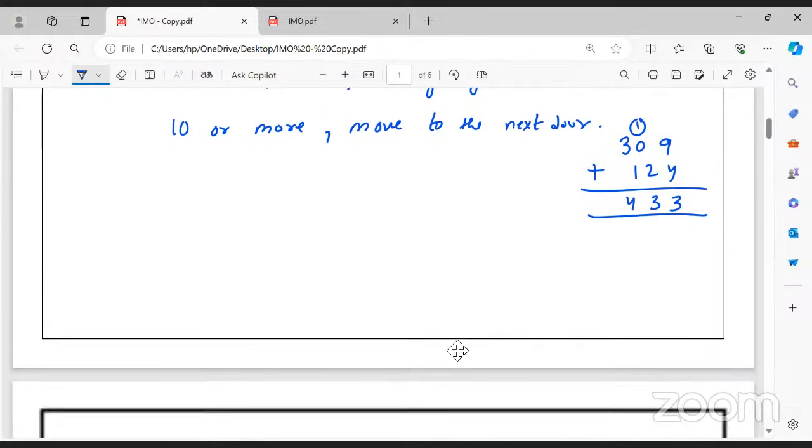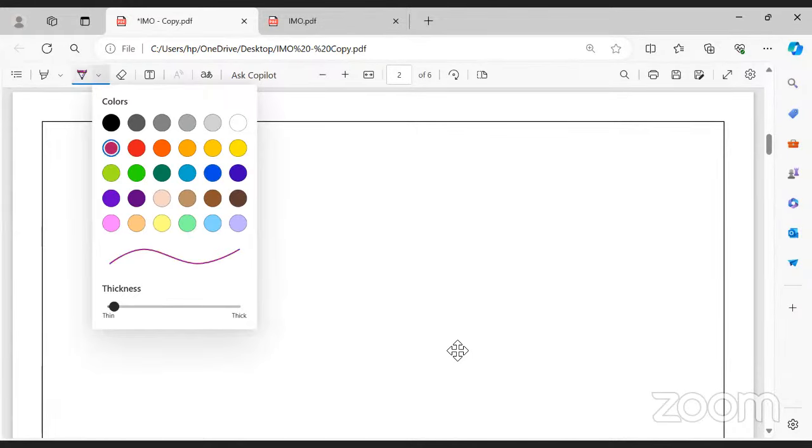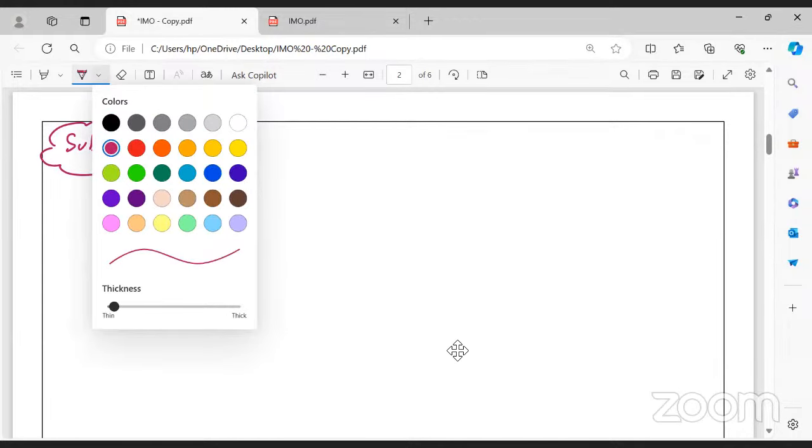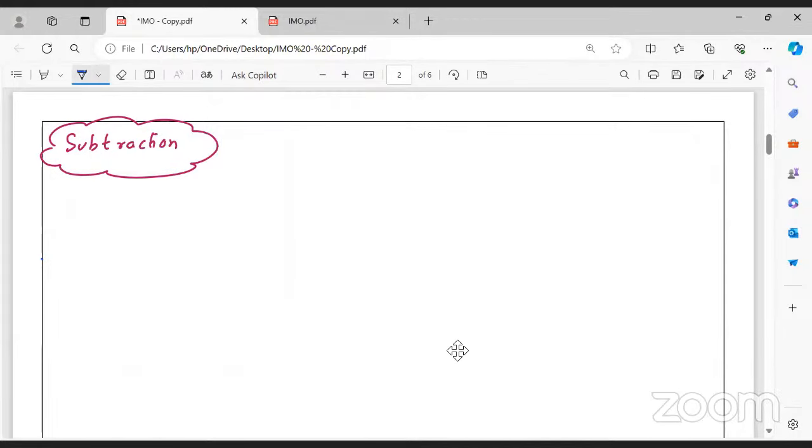Okay, now there is an interesting poem for subtraction also. How many of you know the poem of subtraction? Okay. The poem says, more on the top, no need to stop.